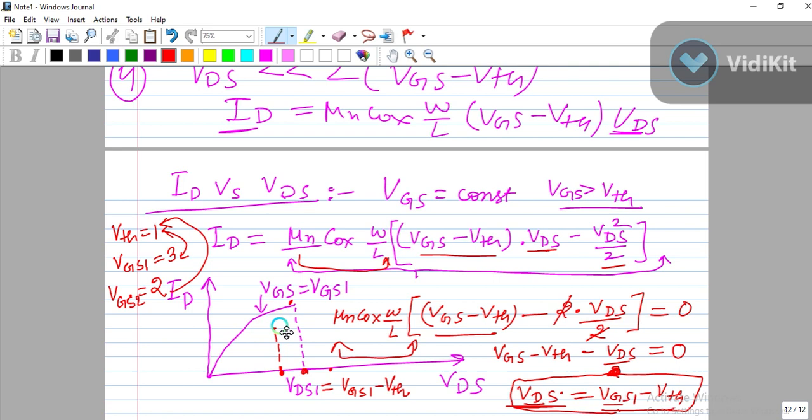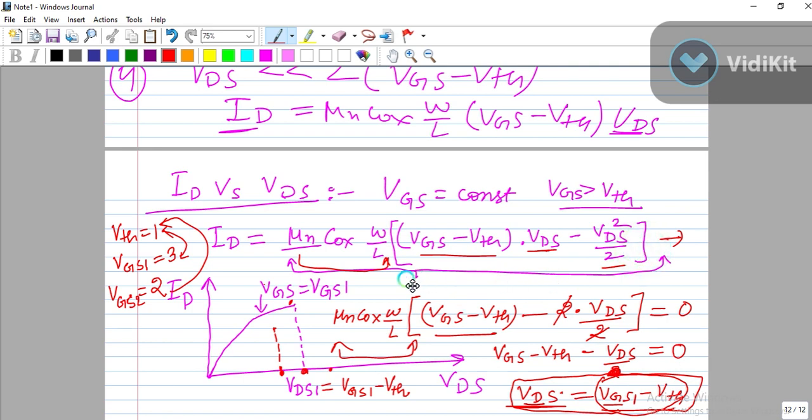Now the second thing: will it go on the top or lower side? We have to calculate the maximum value of current also. You put VDS equal to VGS minus VTH in the equation, and you will get the maximum value of ID.